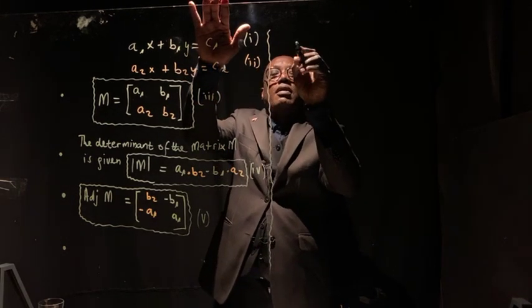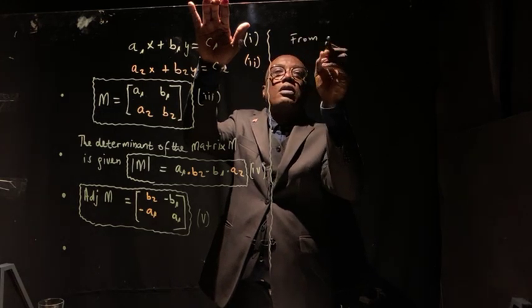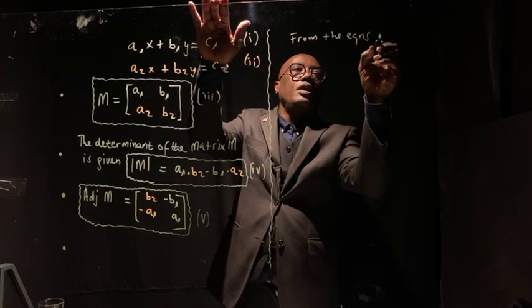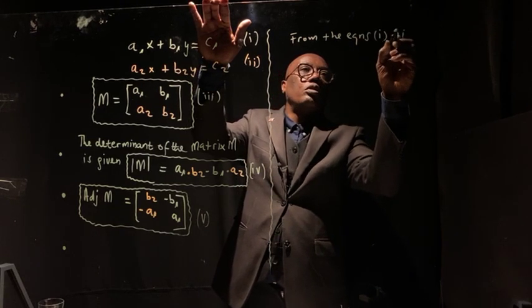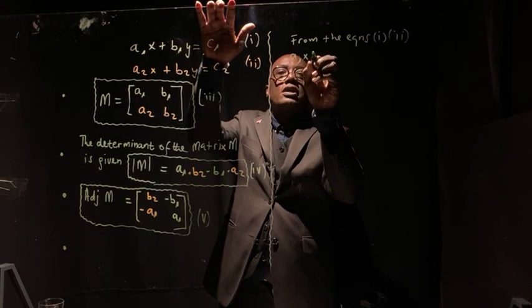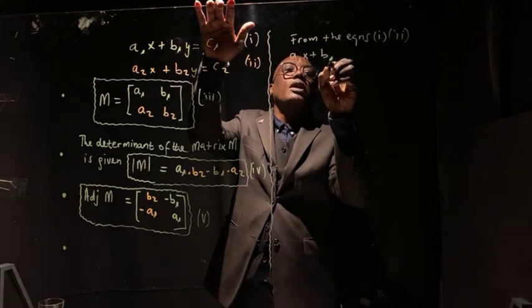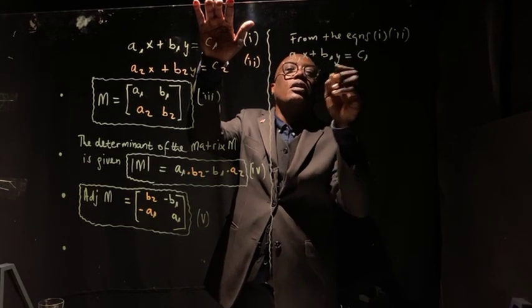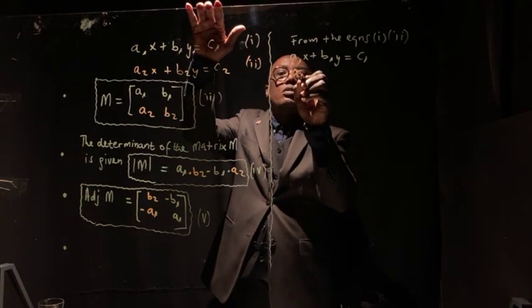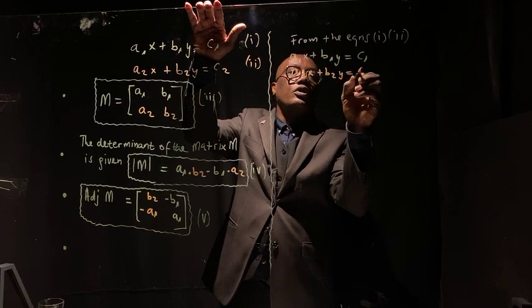From the equations 1 and 2 being of the form a1x plus b1y equals c1, and the other one being a2x plus b2y equals c2.